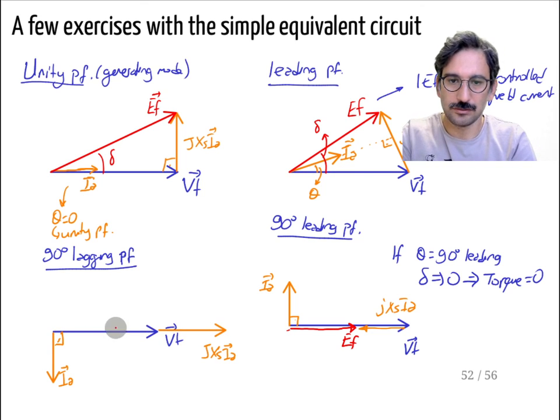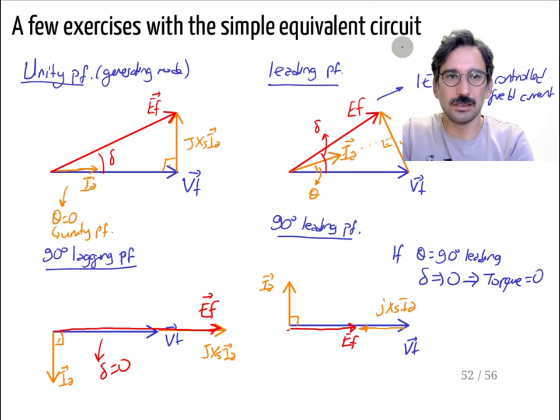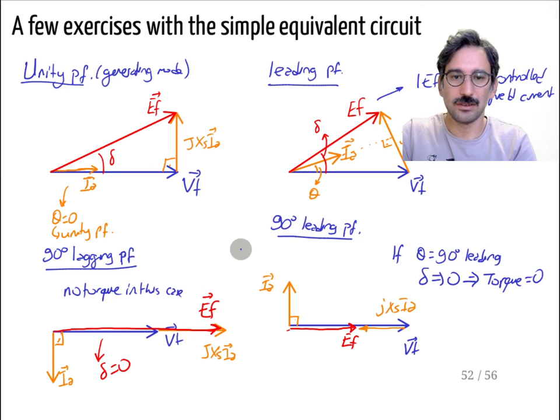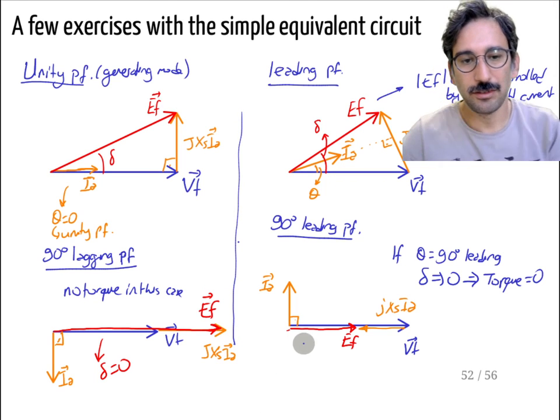It's really difficult to draw straight lines here. So this is the EF vector. So here again load angle is 0. Again in this one you have no torque, but EF, as you can see, should be larger on the lagging power factor.